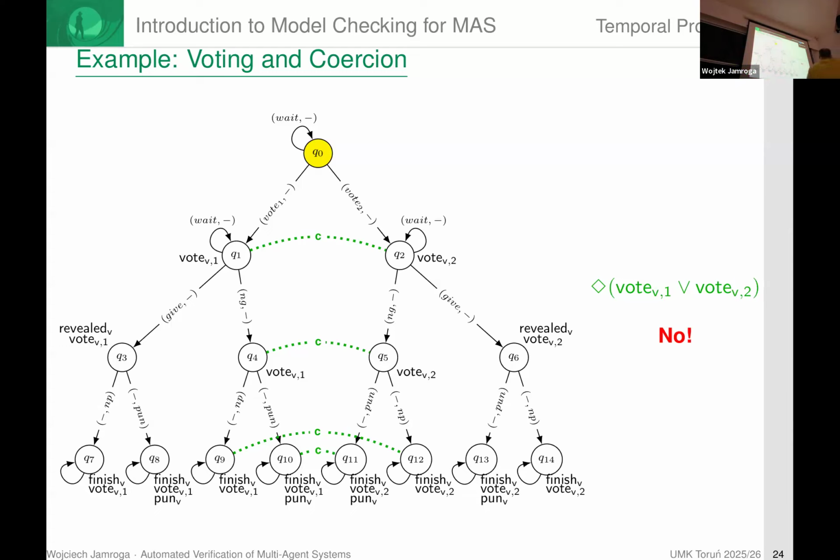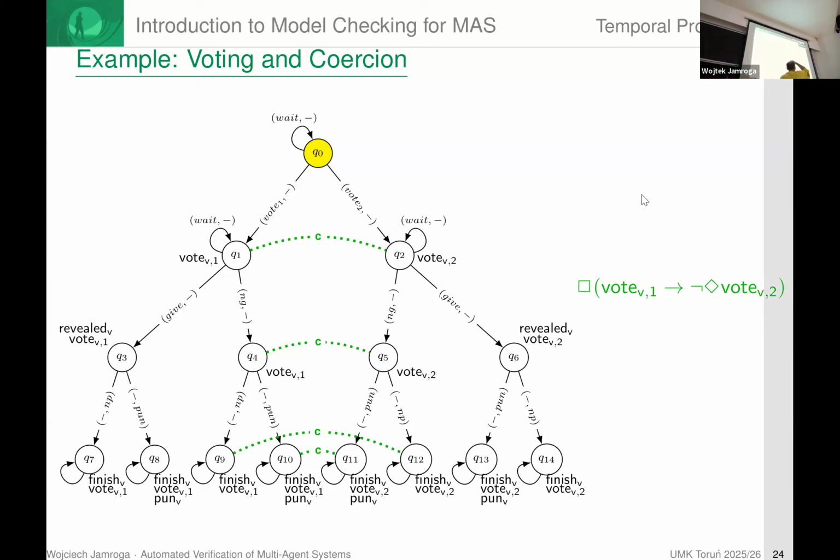Okay? So this is true if it holds on all the possible infinite paths through the graph. Okay? Now, there is this path here that loops in Q0 forever when neither vote V1 nor vote V2 is reached. So this does not hold on all paths in the graph. Okay?